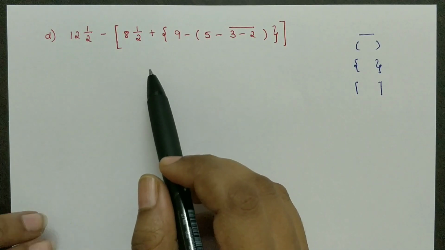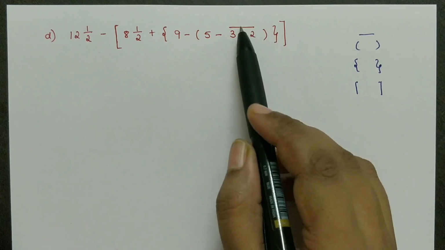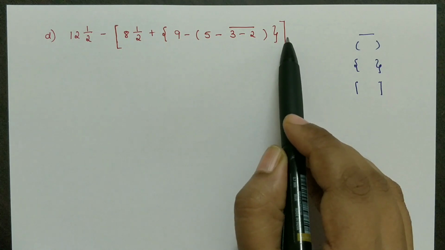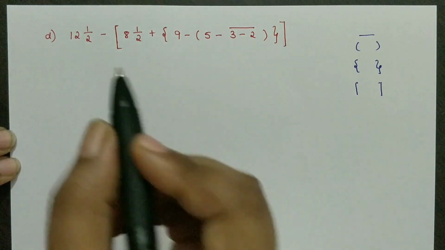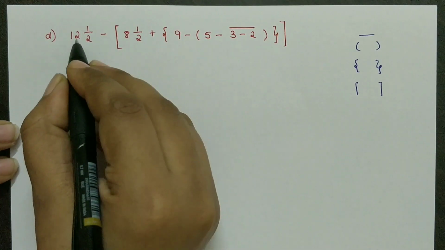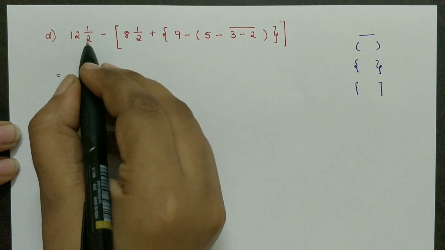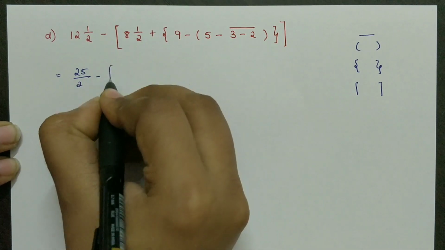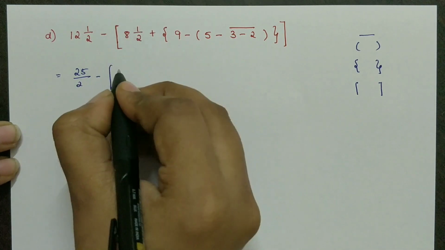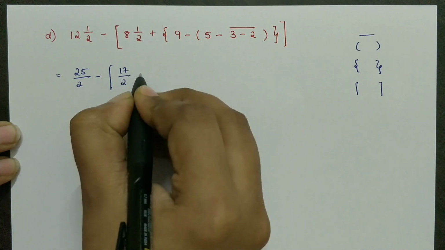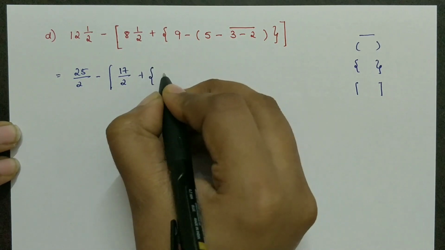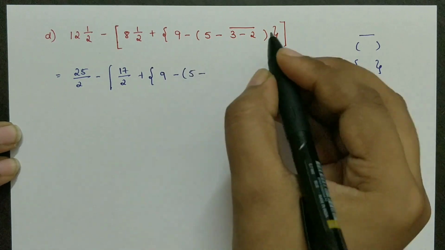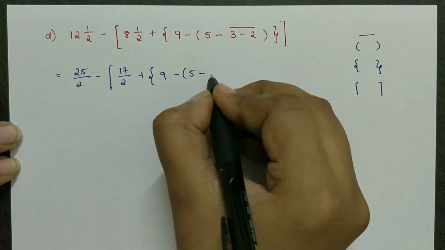Next question. In this question, first we remove the bar bracket, then the round bracket, then the curly bracket, then the square bracket. Equal to 12 into 2 is 24 plus 1, 25 by 2 minus 8 twos are 16 plus 1, 17 by 2 plus 9 minus 5 minus 3 minus 2 is 1.